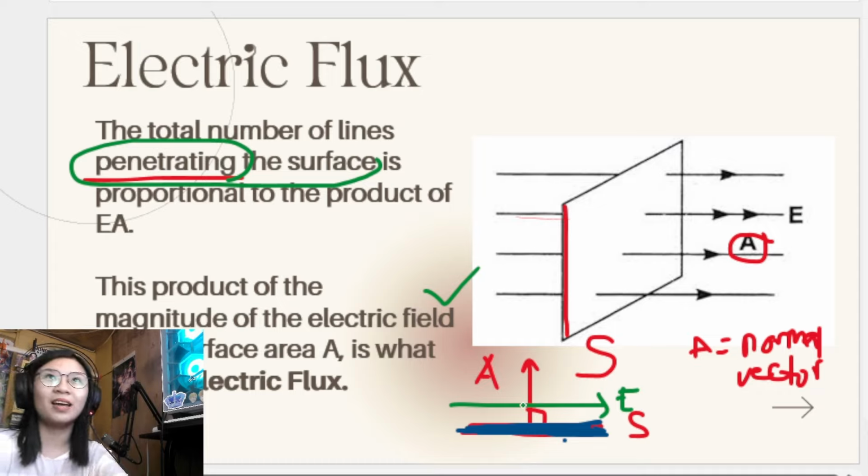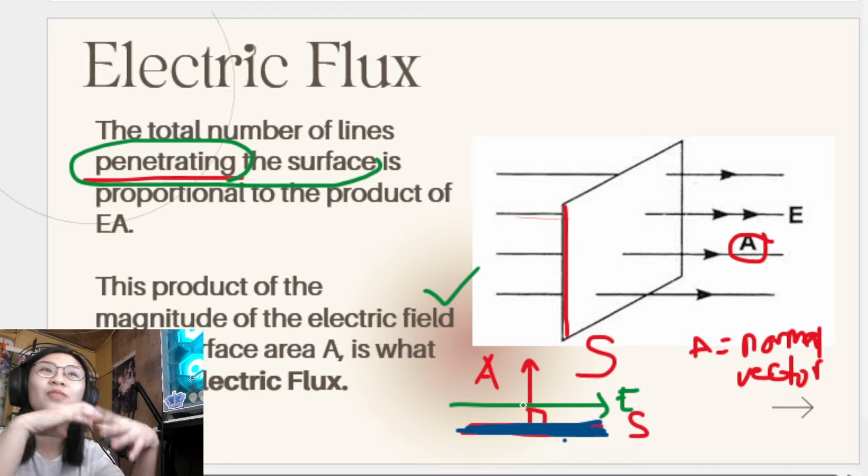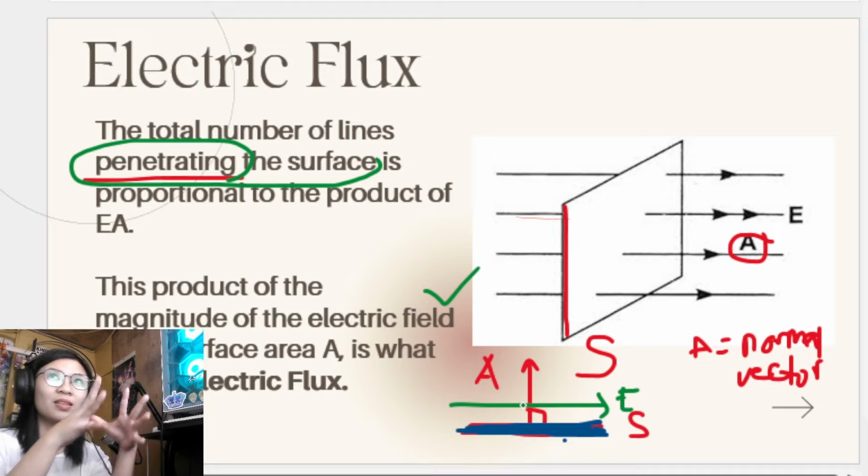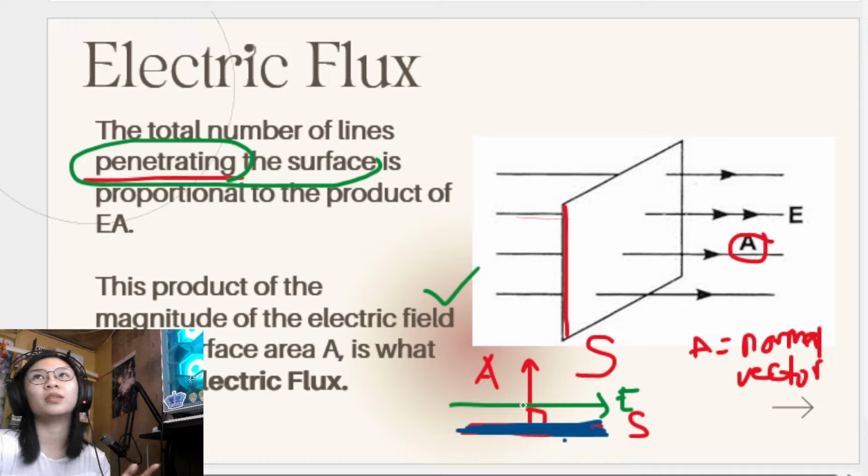So, as you can see here, nothing penetrates. A and E are perpendicular, but E does not penetrate S, making the electric flux 0. As you can see here, it does not penetrate. Okay? So, do not confuse the surface with the normal vector or the surface area A. They are different.